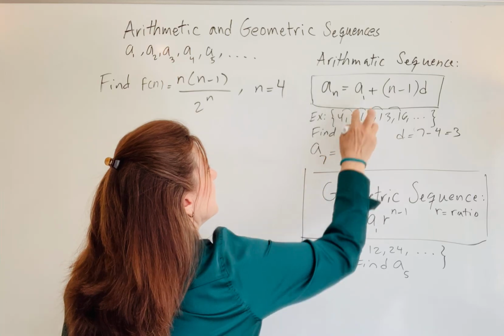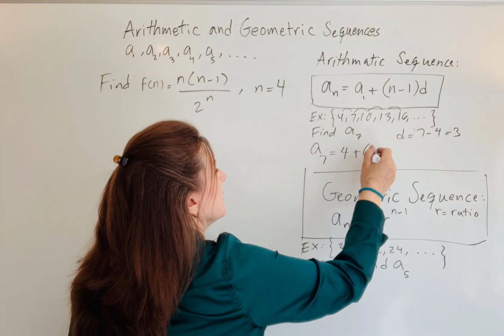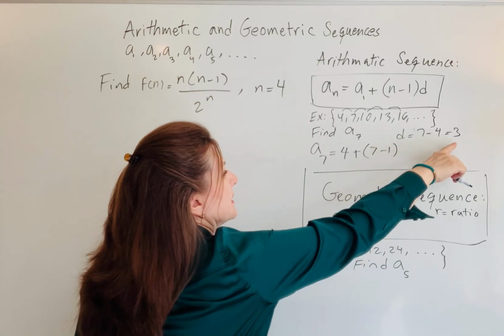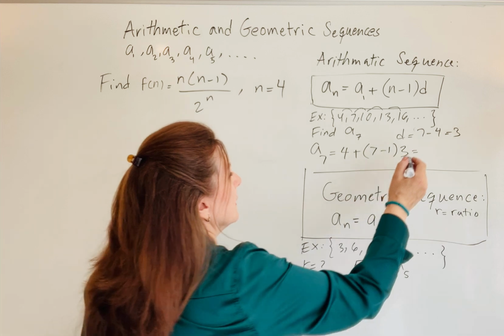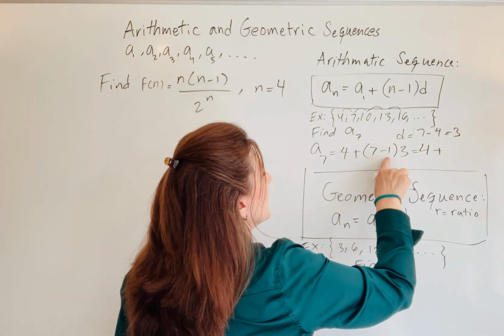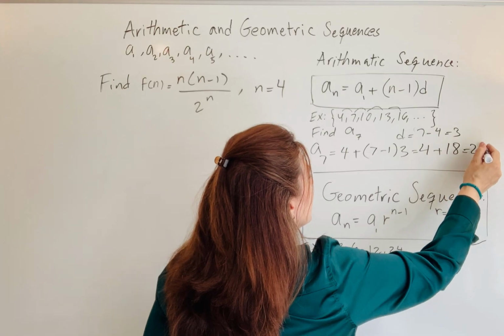The seventh term is, the first term is important, 4 plus 7 minus 1 times this difference. 4 plus 7 minus 1, 6, times 3, 18, 22.